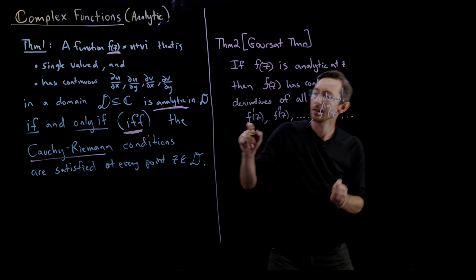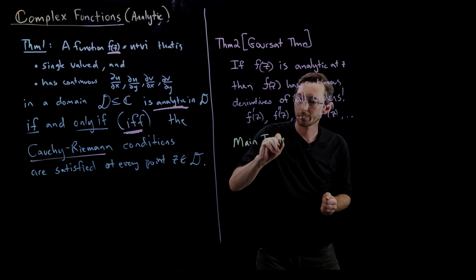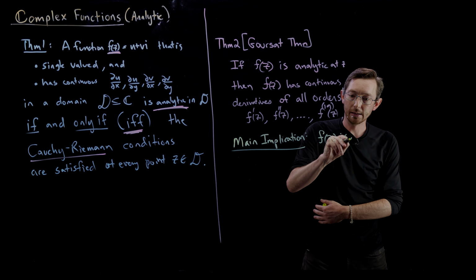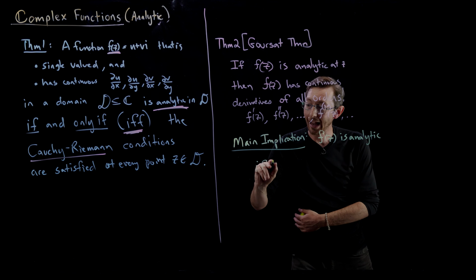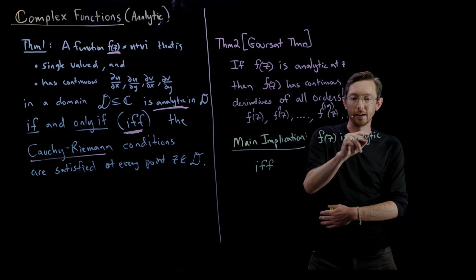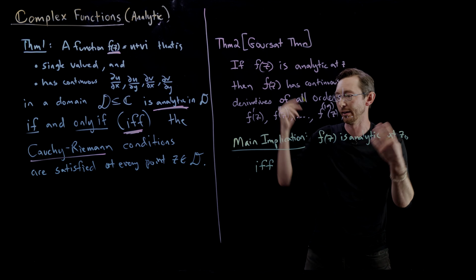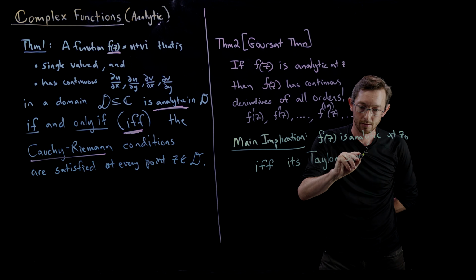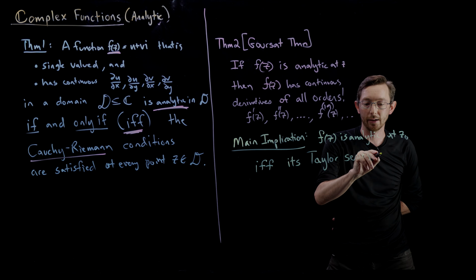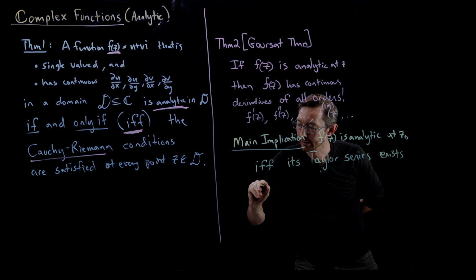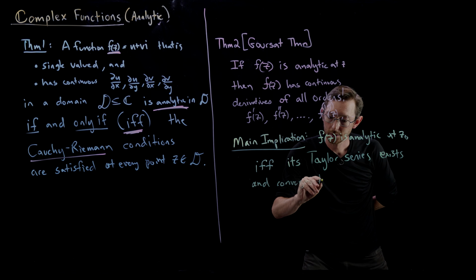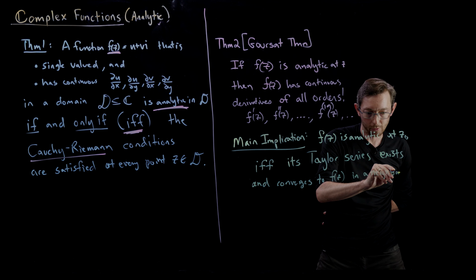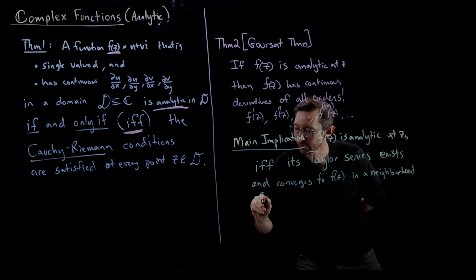And the main implication of this is that f of z is analytic if and only if, at some base point z naught, its Taylor series exists and converges to f of z in a neighborhood of z naught.